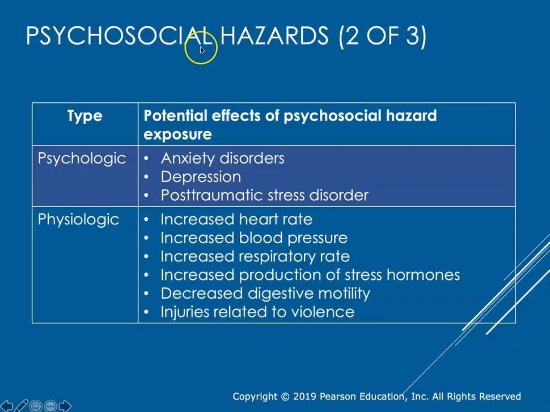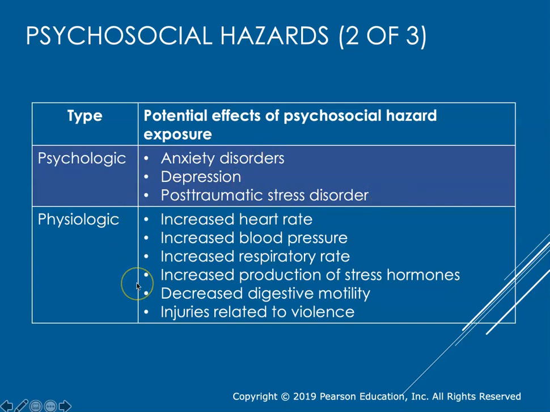If you take a look here and break down these psychosocial hazards into psychologic versus physiologic outcomes, what can happen? If we talk about psychologic, these psychosocial hazards can ultimately lead to depression or anxiety, things like post-traumatic stress disorder.